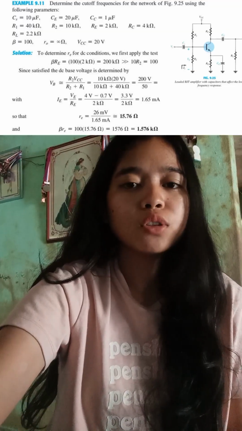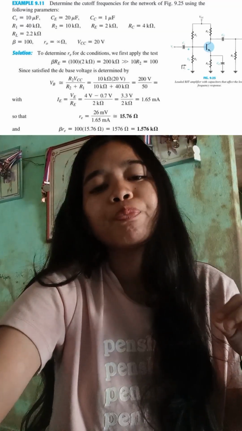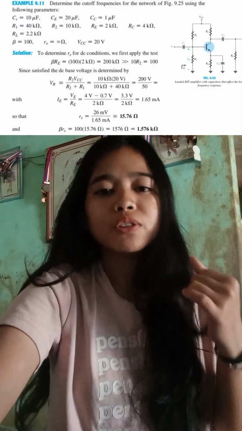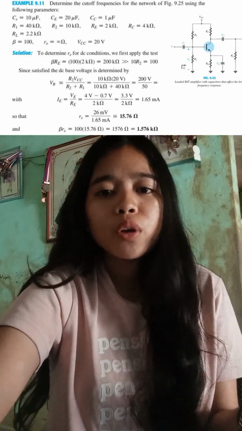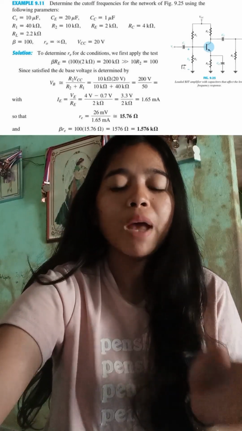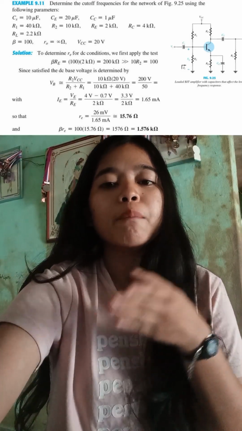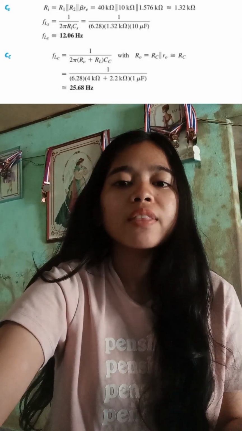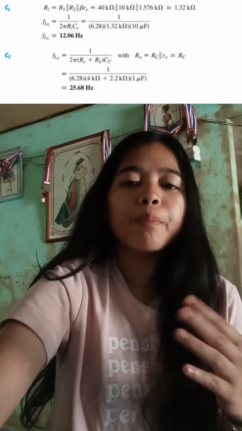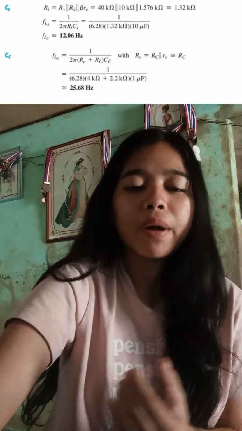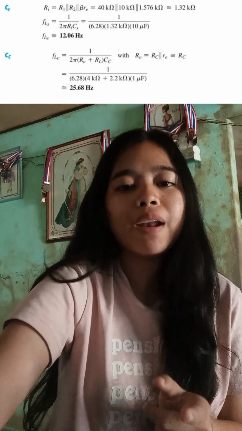So, calculating the individual cutoff frequencies na ta. We are going to solve these frequencies depends on the formulas that they have been mentioned. So, first, we are going to calculate the input, which is the C sub S. So, we calculate R sub I by using the parallel, which is the R sub 1 parallel to R sub 2.